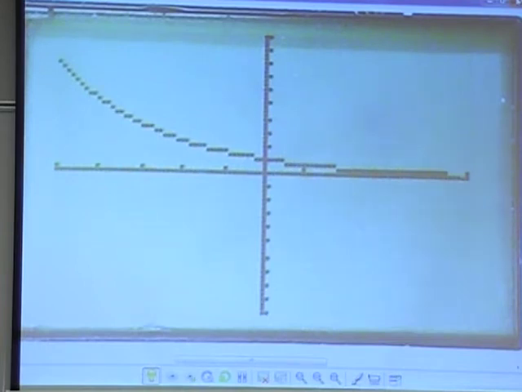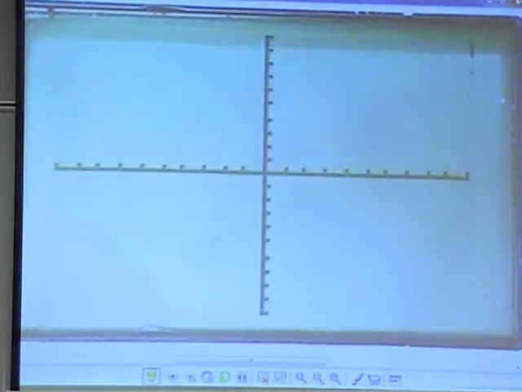I'm going to put it on a normal screen so you can see it. Anybody not get this? We need to get moving.